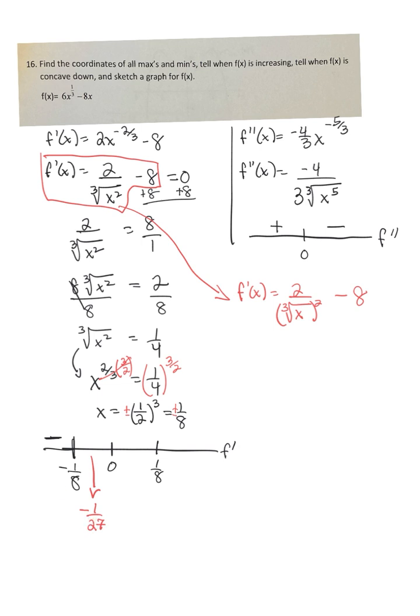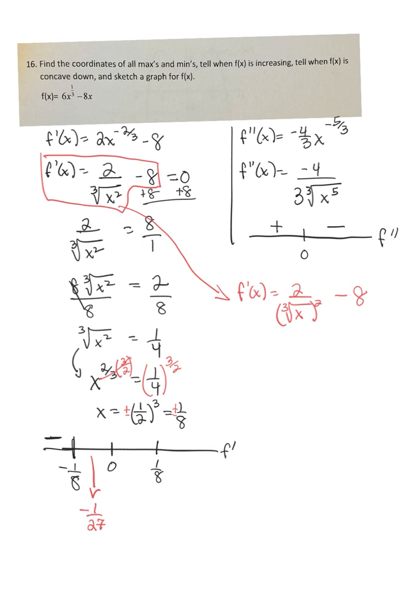So this is also bigger than that. So I'm going to put in -1/27 right there. Okay, so you ready? If I take the cube root of -1/27, it's going to stay negative, but it'll end up being 1/3. Okay, because the cube root of 1 is 1 and the cube root of 27 is 3.